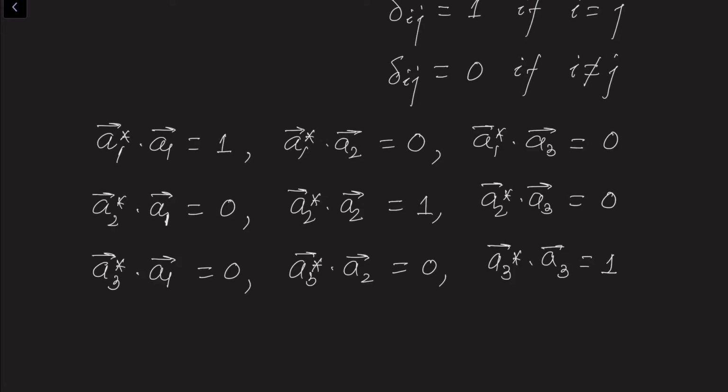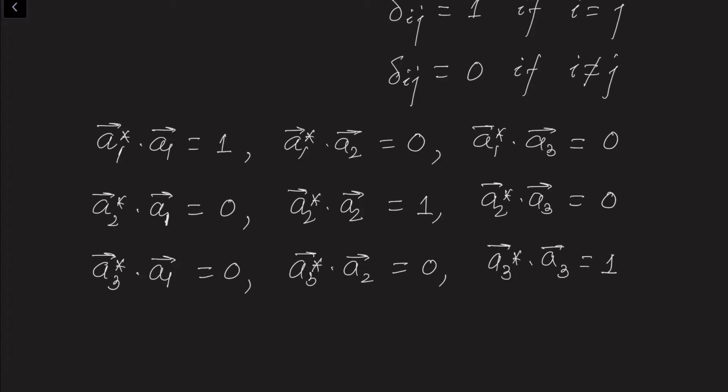However, there is a deficiency in this definition in the sense that if somebody gives me A1 star, A2 star, and A3 star, I can quickly use these relations to check whether they form the reciprocal basis or not.